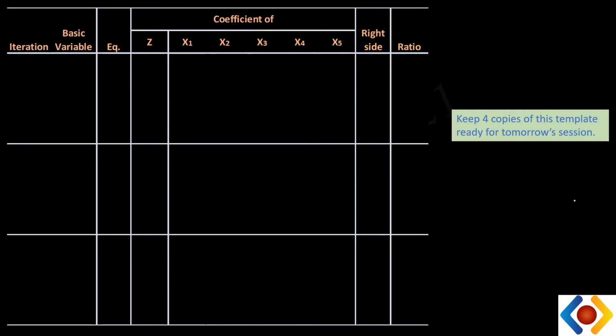Can you please quickly explain what is the point of non-basic values? See, when we have a system of equations, in our case we have only 3 equations. How many variables are there?